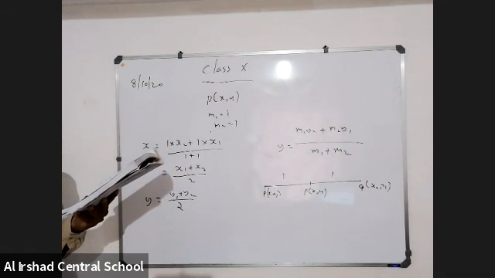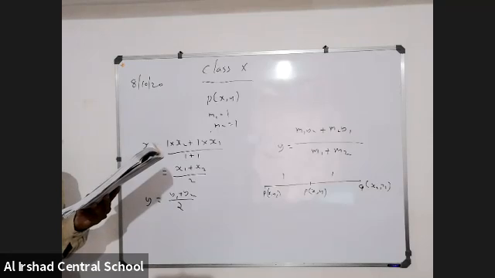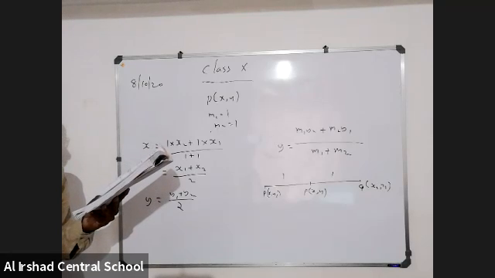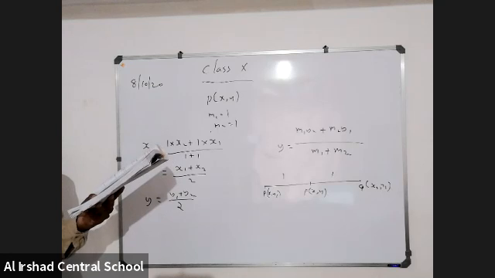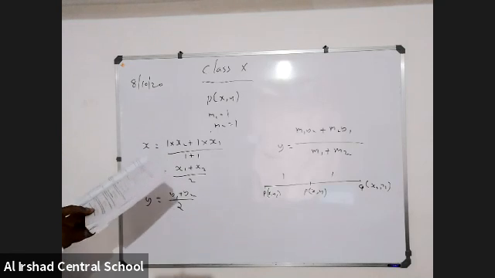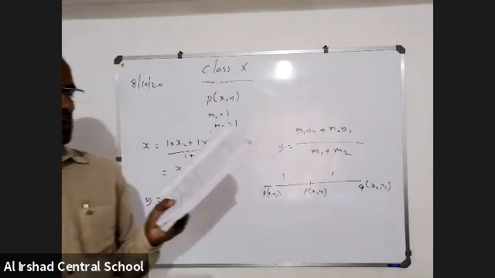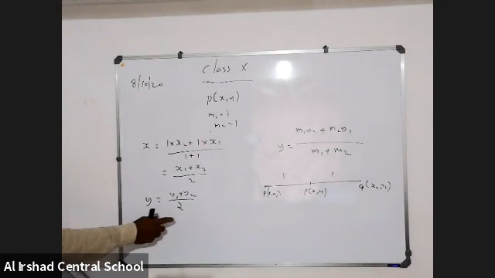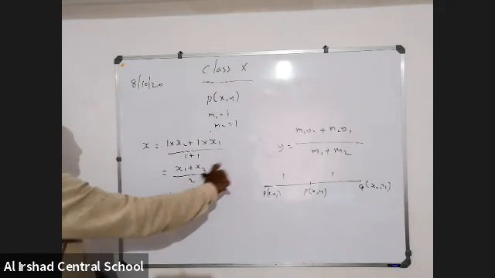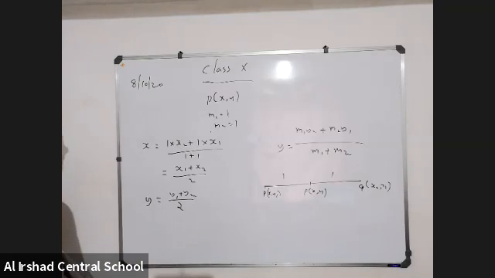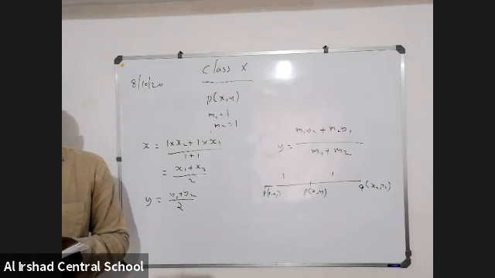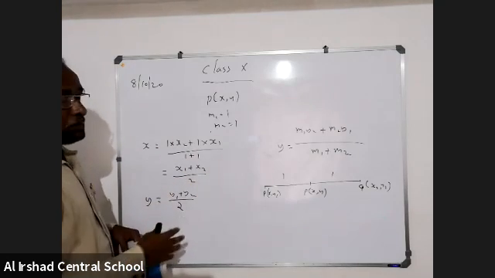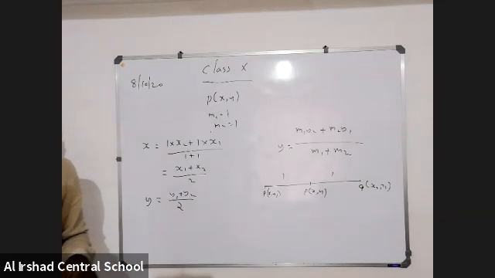Therefore, the coordinates of the midpoint P of the join of the points (x1, y1) and (x2, y2) is, write this one, (x1 + x2)/2, (y1 + y2)/2. You can write x is equal to (x1 + x2)/2 and y is equal to (y1 + y2)/2. Very easy. No need of m because all are 1. It is the midpoint only.